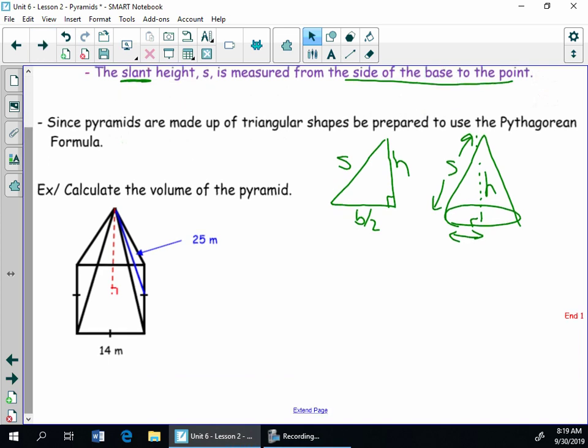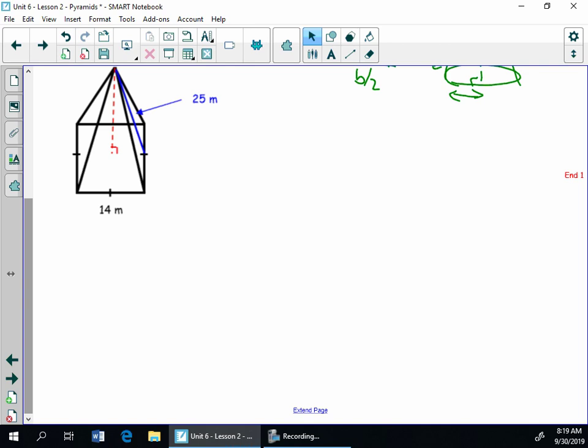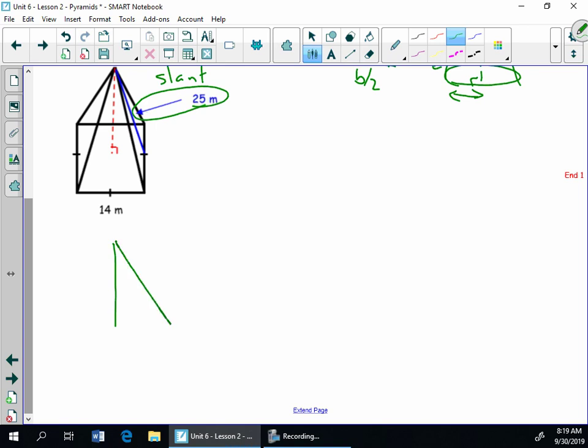I want to find the volume of this pyramid. So it looks just like our first example, where I had a square-based pyramid, but the blue line is pointing down the side of the pyramid. So this would be my slant height. And whenever I have a picture like this, I'm going to draw a triangle. This is 25. And the whole bottom is 14, so the part in between, this part right here, must be 7. It's kind of like the radius, right?